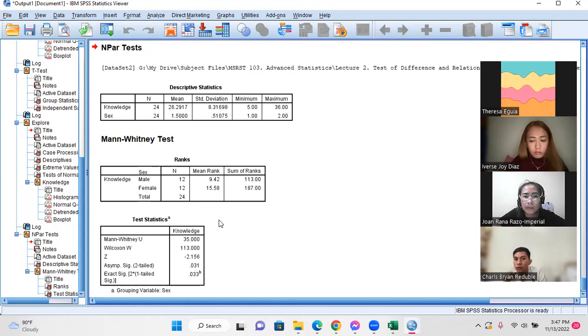What is the demographic profile of the respondents in terms of sex? Maglalagay ako ng sex, age, educational attainment ba yun? And then, tapos naka-Excel lang siya. Kayo na ang mag-transfer sa SPSS.